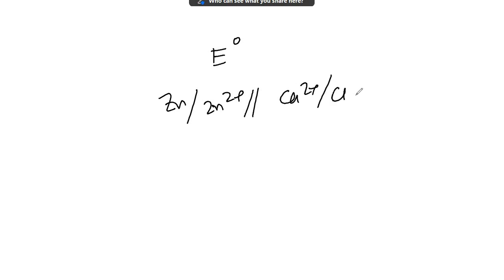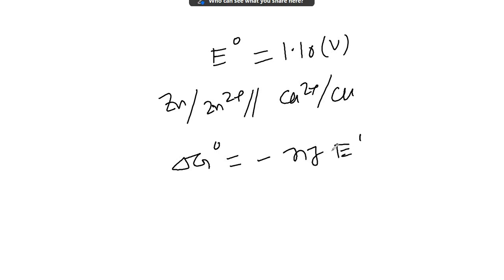Suppose for the reaction Zn to Zn2+, double stroke, Cu2+ to Cu, E naught is given as 1.10 volt. If they ask you delta G naught, how should I find it? Delta G naught is equal to minus NF E naught. N is 2, so minus 2 into 96500 into 1.10.